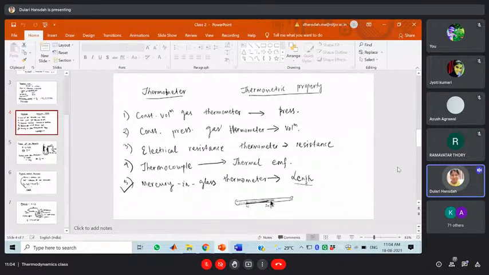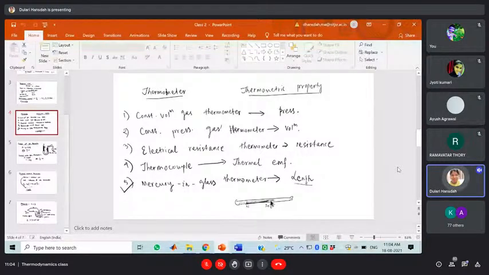With the change of that electromotive force, which is read by the voltmeter, that will give you the temperature reading. That EMF has some relation with temperature. That equation I will show you, and from that relation we can find the temperature. In the thermocouple we use two dissimilar materials. I will show you that idea.